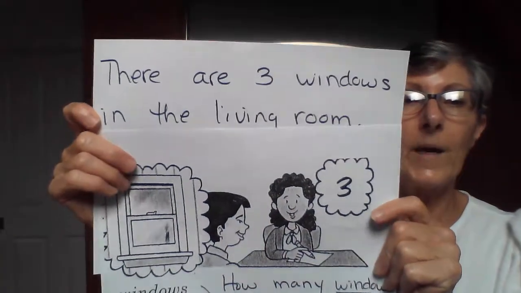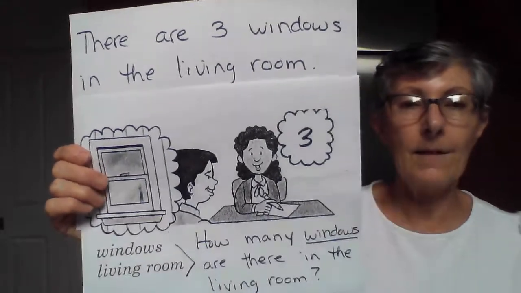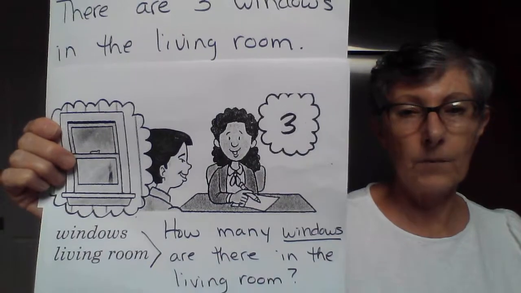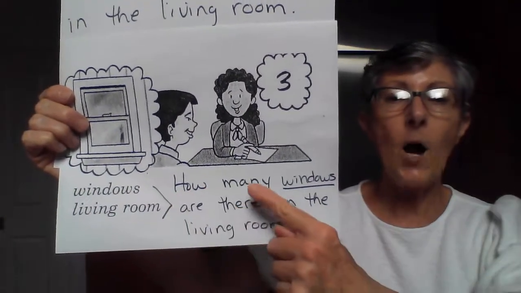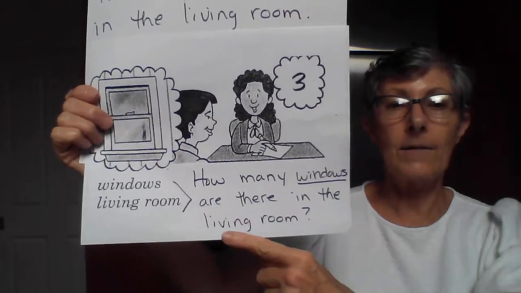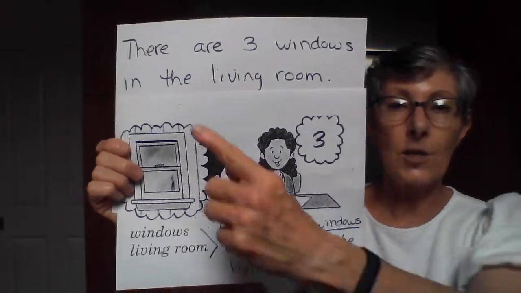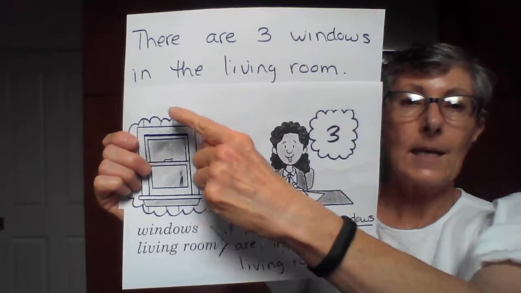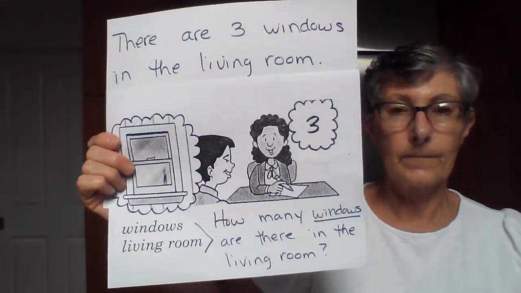There are 3 windows in the living room. Question, how many windows are there in the living room? Answer, there are 3 windows in the living room. Would it be better if it's this way? Okay, I'll do that next time. Number 3.